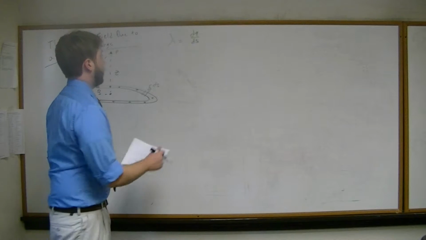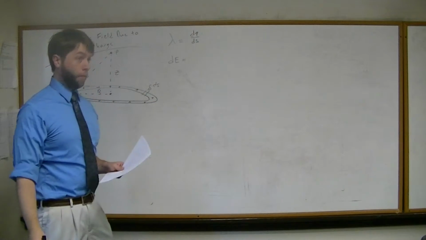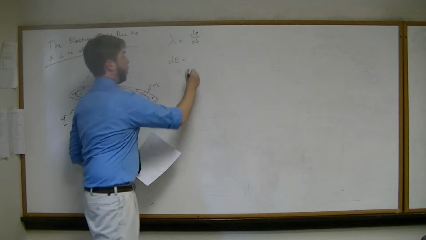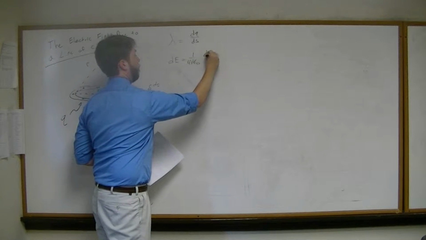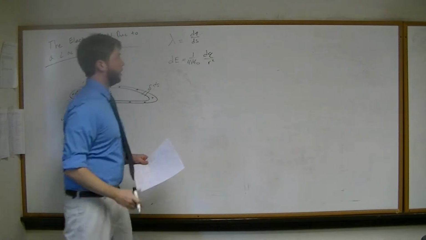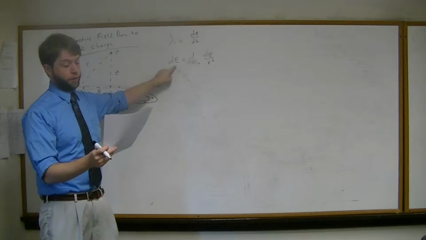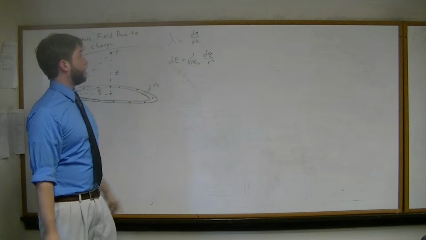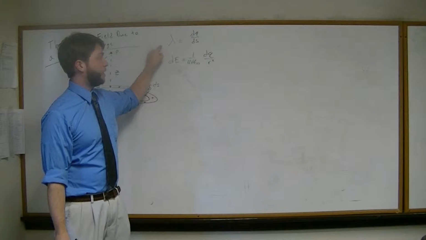Okay? So each small charge element produces a small electric field element, 1 over 4 pi epsilon naught dq over r squared. Each small charge element creates a small electric field element. Now we just figured out from our last example that dq is equal to lambda ds.